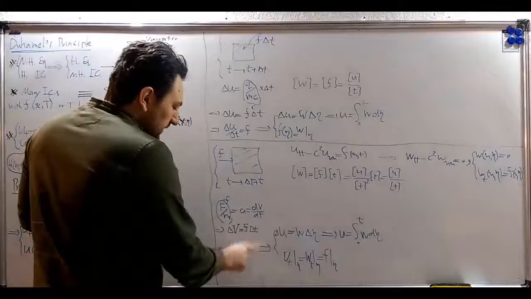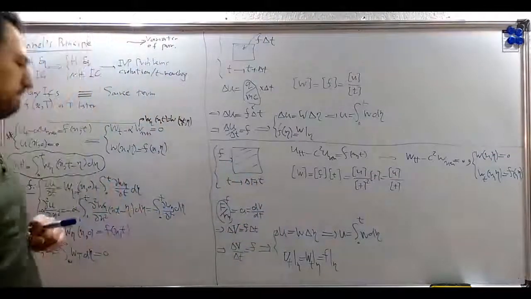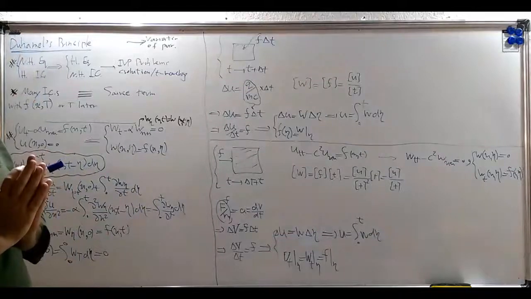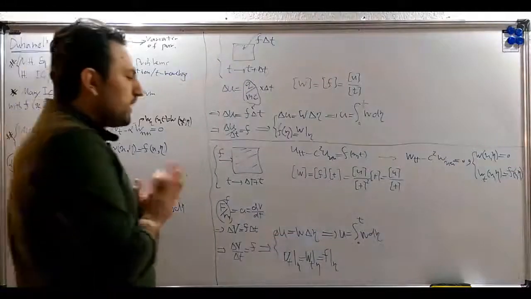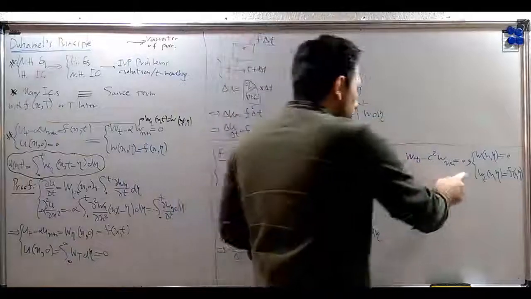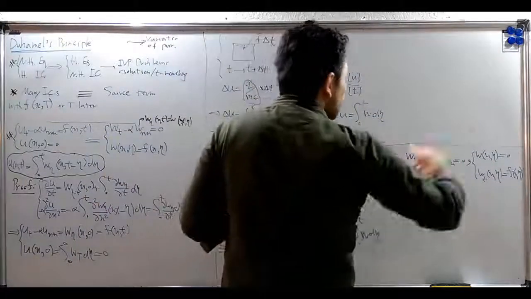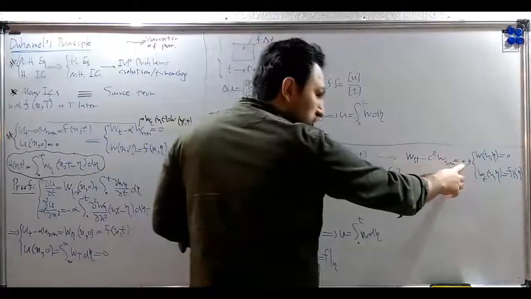So delta v over delta t equals f, and let's use dimensional analysis and try to find the dimension of w here. This is the original wave equation, and this one is the second equation, which is homogeneous.